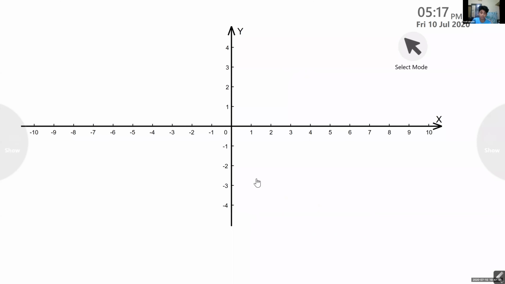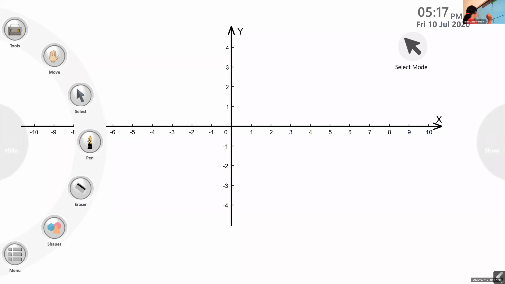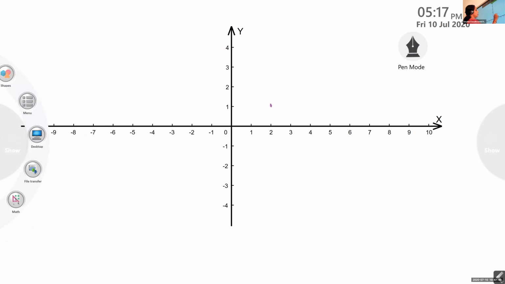Okay, children, listen. Now I am giving one point here. This point. You have to tell me the coordinates of this point. Can you tell this point? 2, 1.